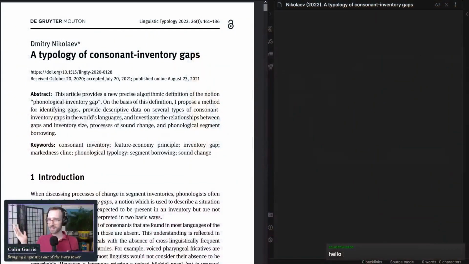We're talking about typology, and we're talking about a typology of consonant inventory gaps. So let's take that idea of typology that I introduced and apply it to something concrete. So typology is going to study the range of variation of a particular phenomenon. So you can have phonological typology. This is the range of variation and diversity in sound systems.